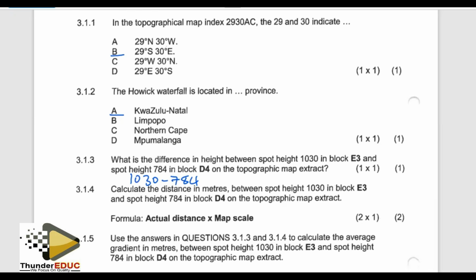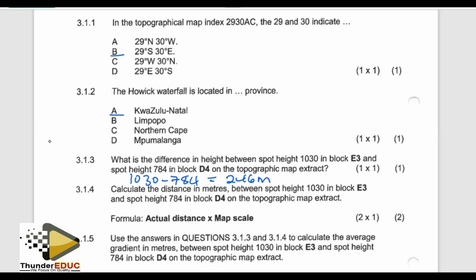Then we get our calculator here and say 1030 minus 784. So our answer will be 246 meters.